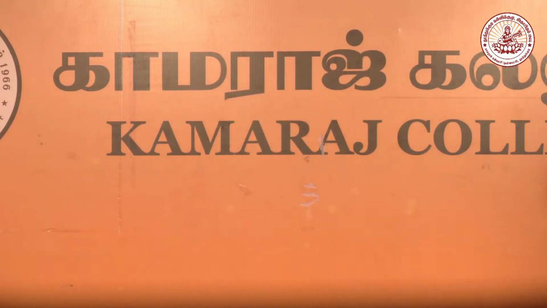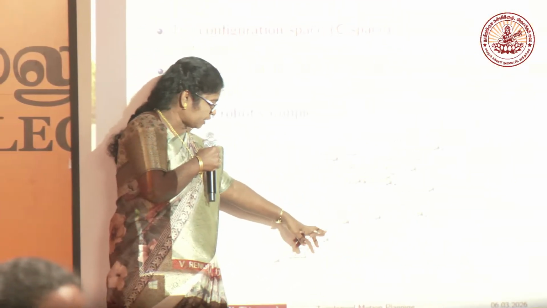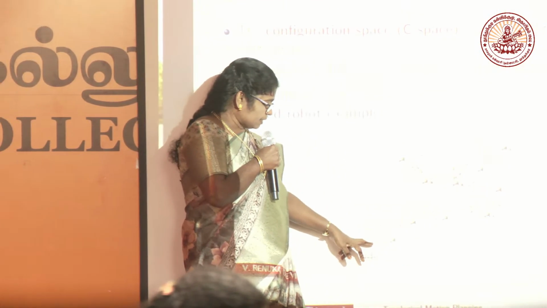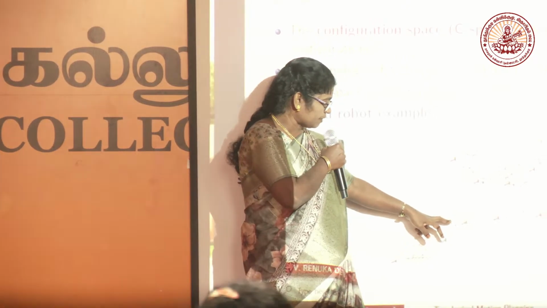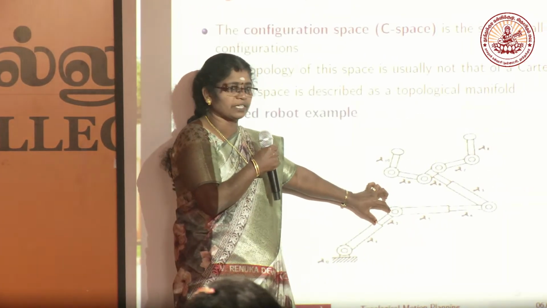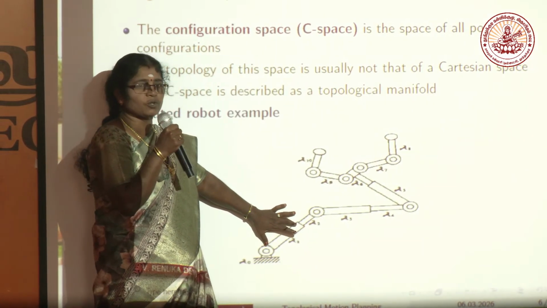Consider the arm of a robot, and each position here, you just see that this position is taken as one configuration point. The next position is extended by some extension. So here it is translation, and this position is rotation.